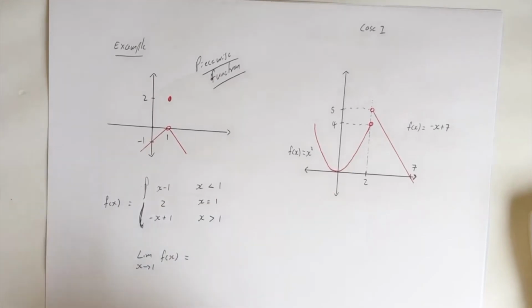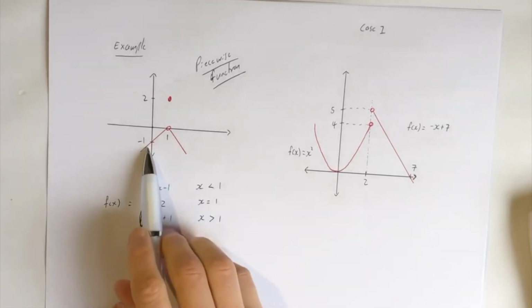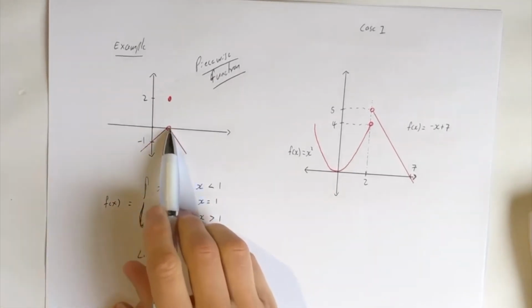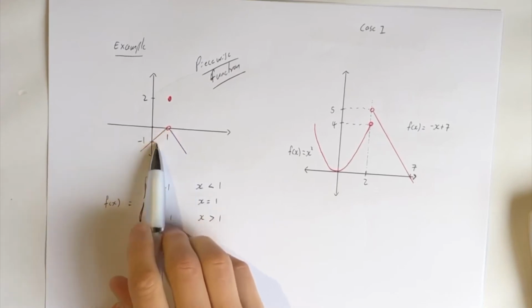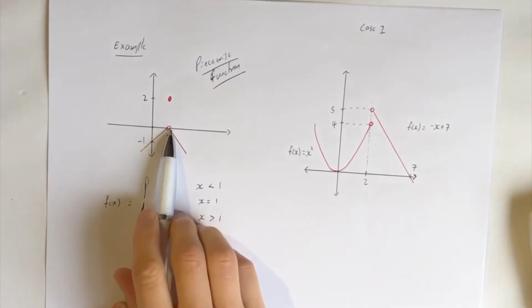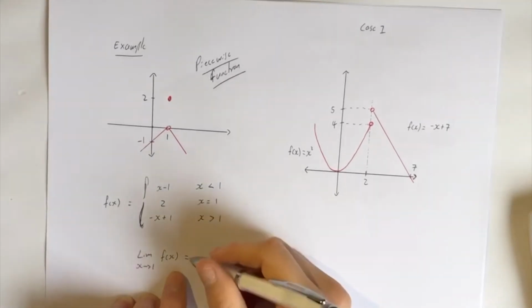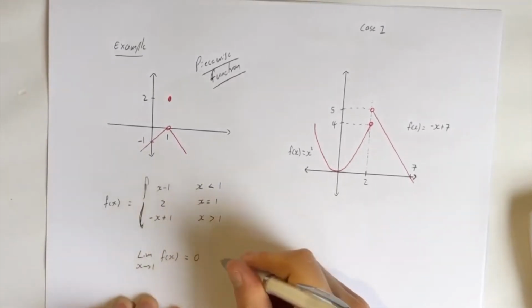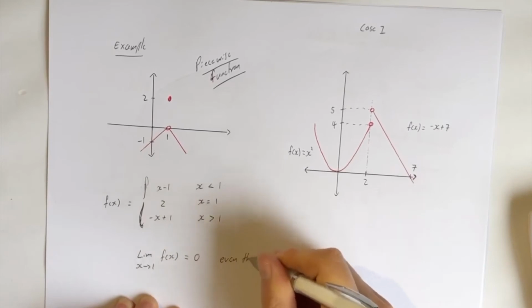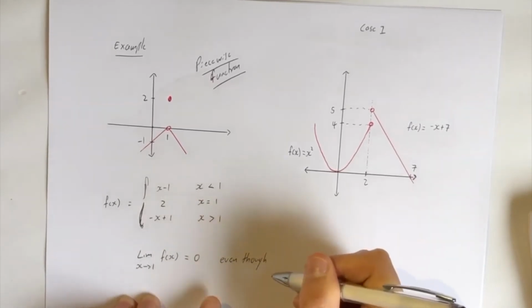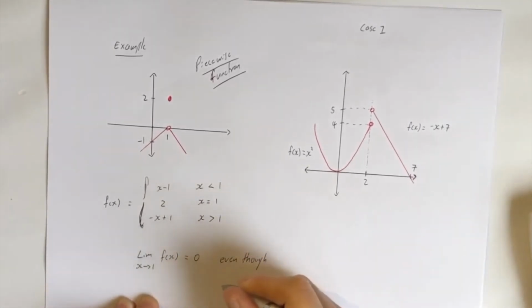Now remember, I haven't said it, but notice how in the last one I went from the left and the right, and if it looks like I'm getting the same number, then that must be the limit. So the limit is 0, even though f of 1 is 2.